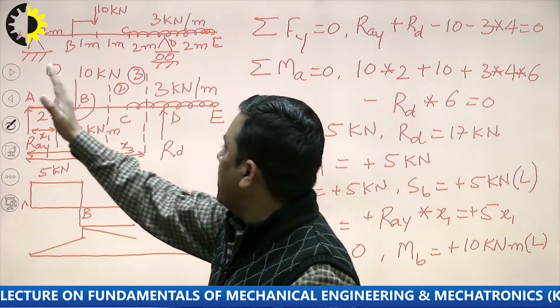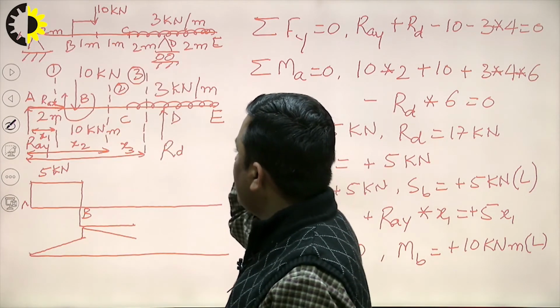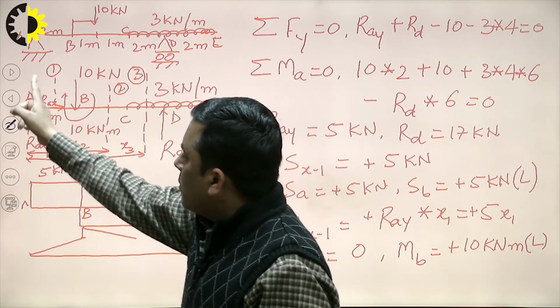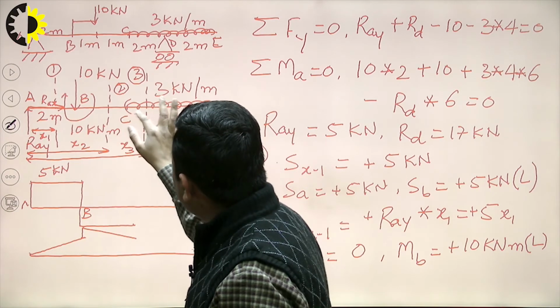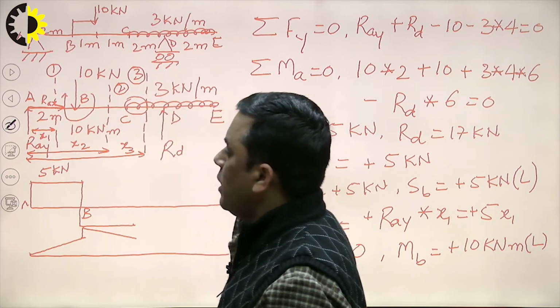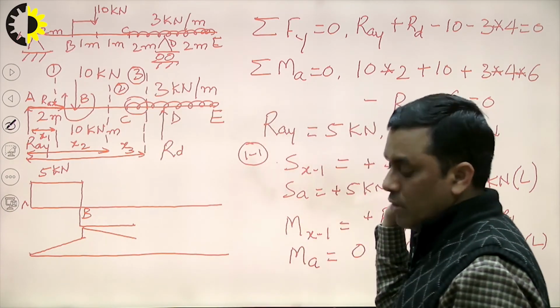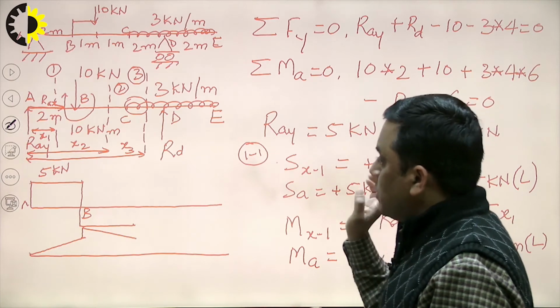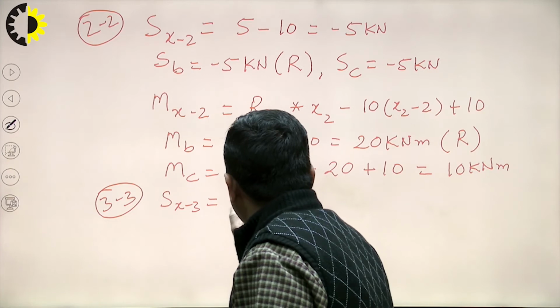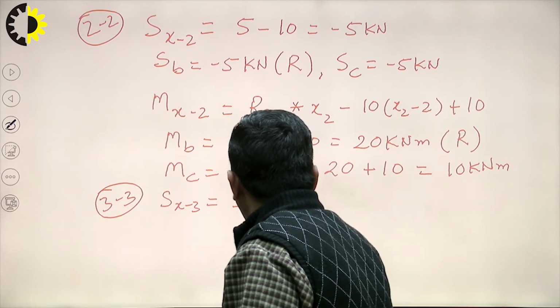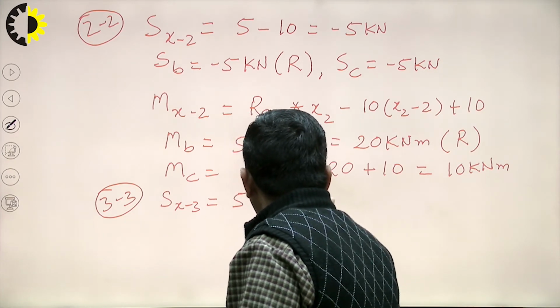Forget about sections 1 and 2. How many forces are there? RAY, 10 kilonewton and the UDL, and this much of the UDL will be taken into consideration, nothing else.